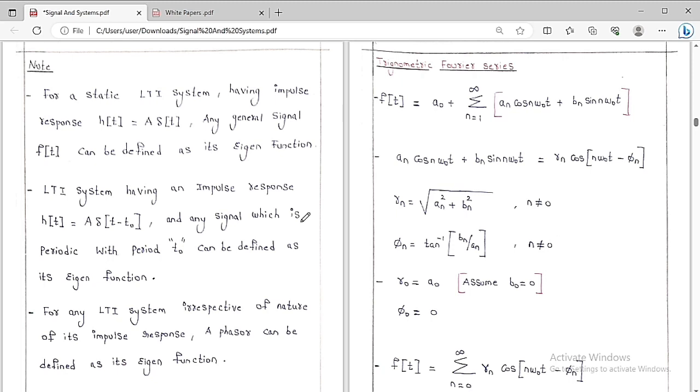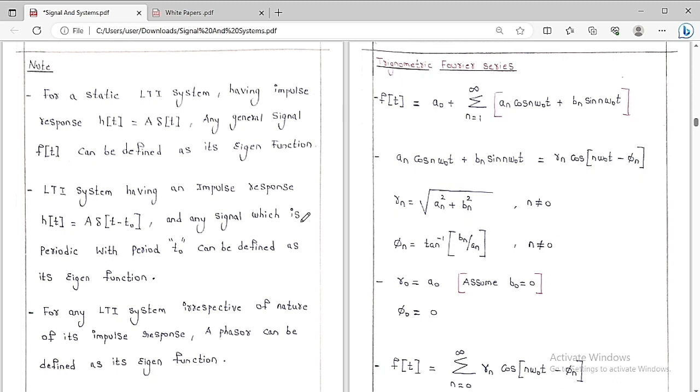the input is f of t for this LTI system, the output is A into f of t. Whatever the input can be, for this LTI system the output is a scalar multiple of the input. So we can say f of t is called the eigenfunction for this LTI system.